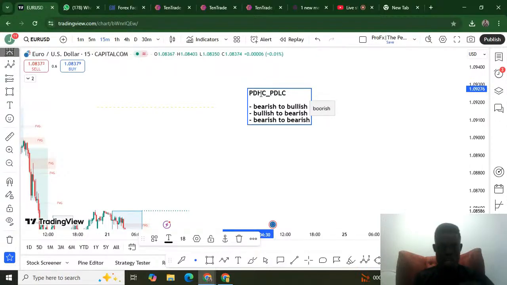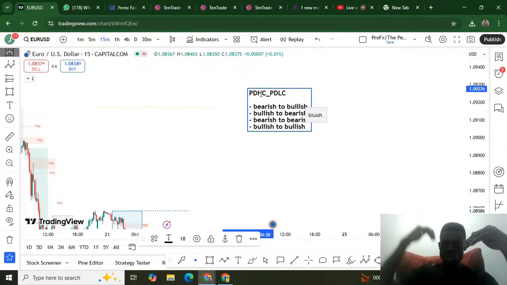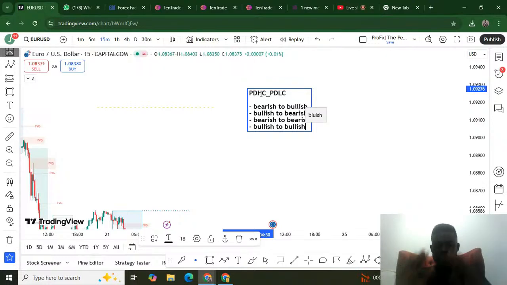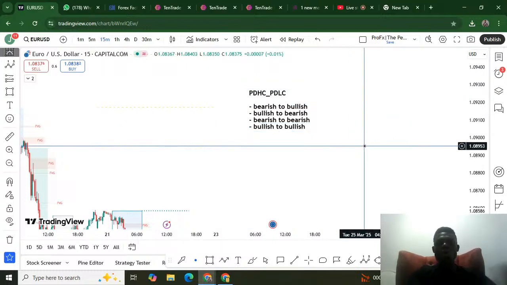That's the bearish close. So we are expecting the next day to also be bearish. Then finally, we have bullish to bullish. This means the previous day closed bullish, meaning we opened down and closed up. We are expecting the next day to continue being bullish. So these are the four variants that we can only have. The market can only print either bearish to bullish, bullish to bearish, bearish to bearish, or bullish to bullish.